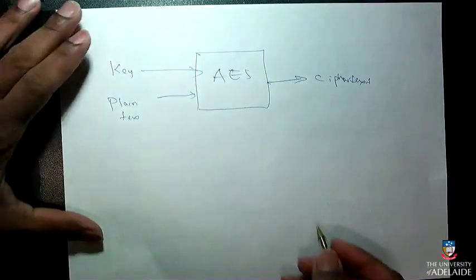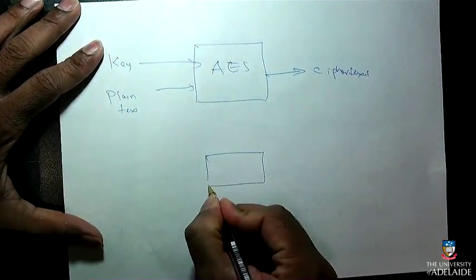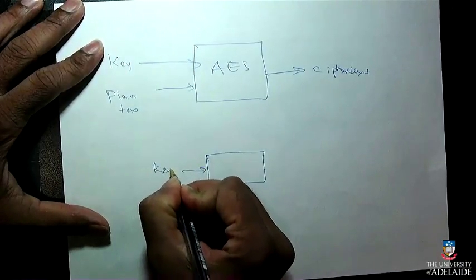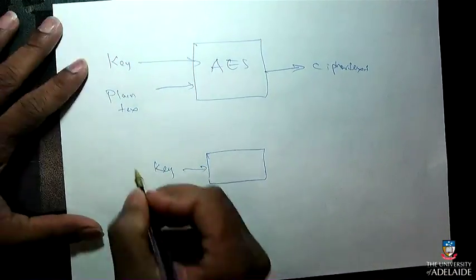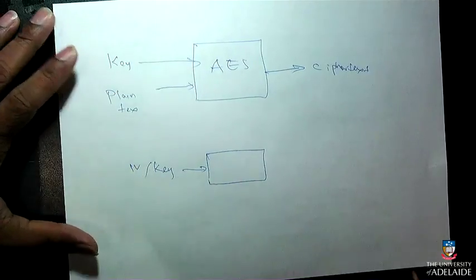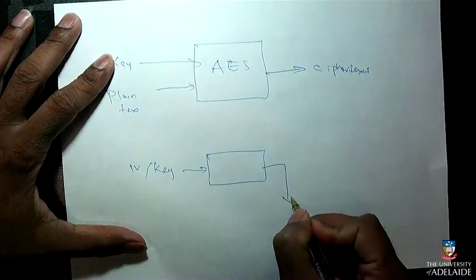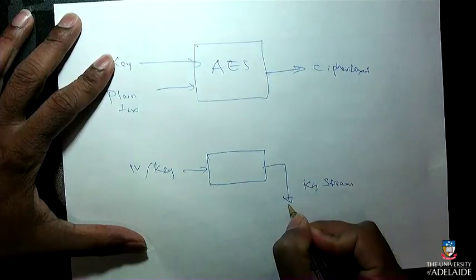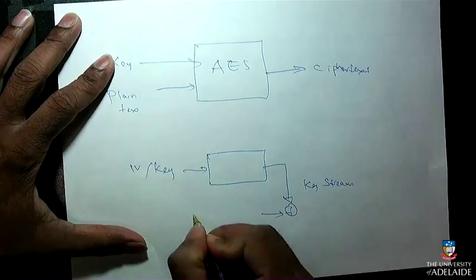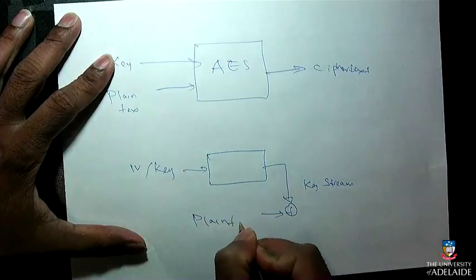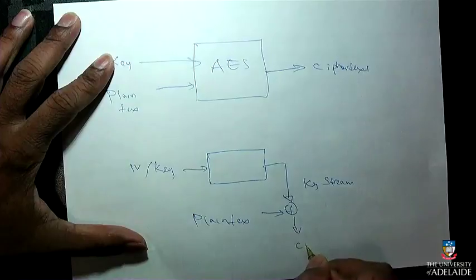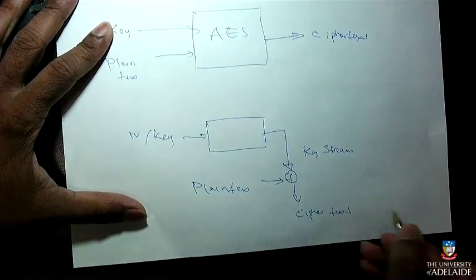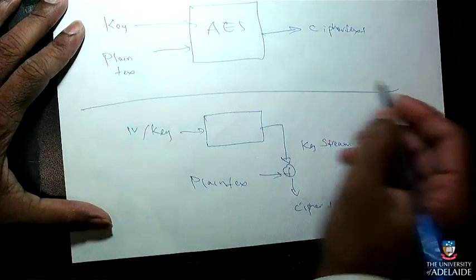But if it's a stream cipher, you have a key and some initialization vector that goes in, and this generates a key stream which you then XOR with the plaintext to get your ciphertext.